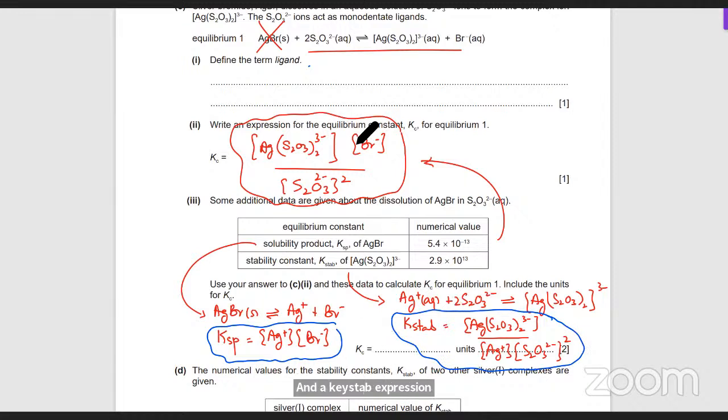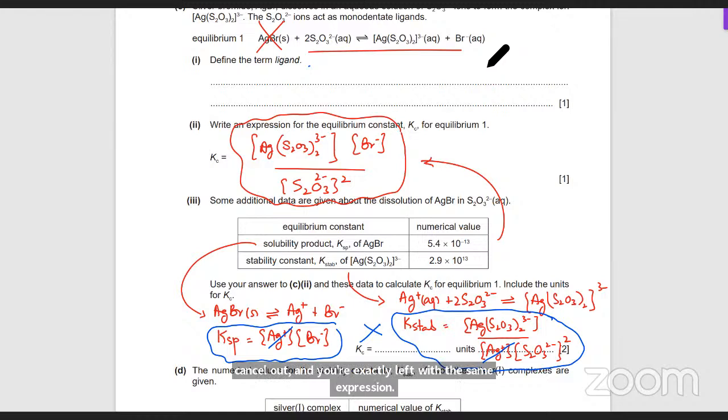So how do you come up with this expression using these two? So that's simple. I think that's you just multiply the two. If you multiply the two, so आपका जो Ag plus 1 है ना, that I guess gets cancelled out, and you're exactly left with the same expression. नहीं divide होगा या multiply होगा? भैया ये check कर लो, is it division or multiplication?